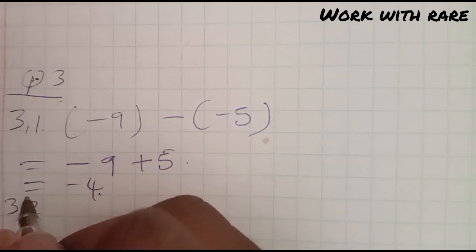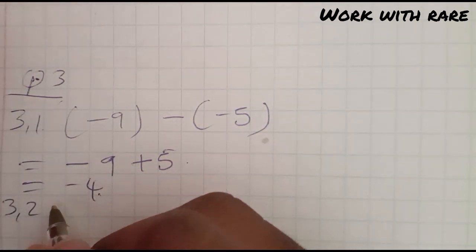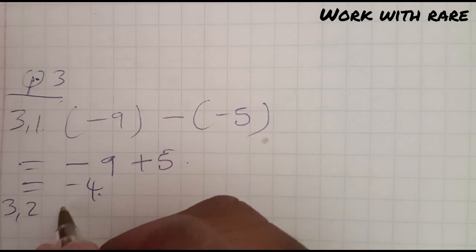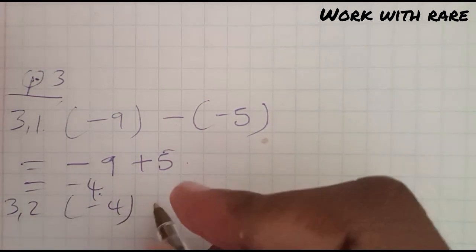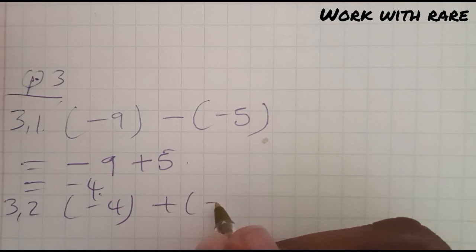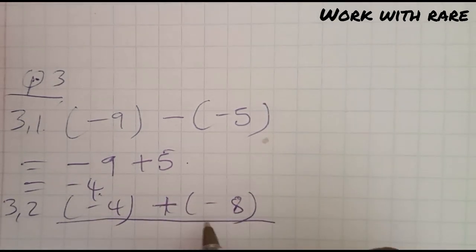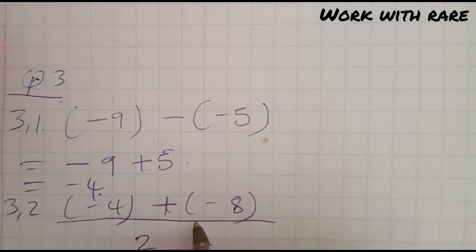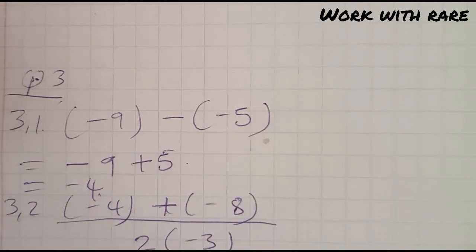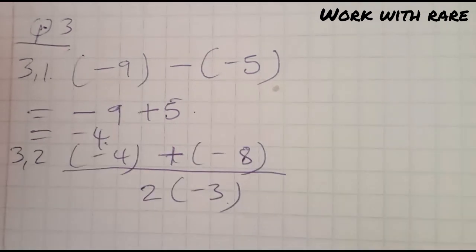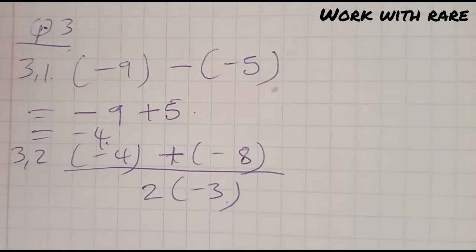3.2 is 3 marks. Remember, we shall calculate. Our question is like this: positive here and negative 8 all over 2 in brackets. When you are given something like this, you should multiply what is outside the bracket with what is inside the bracket.